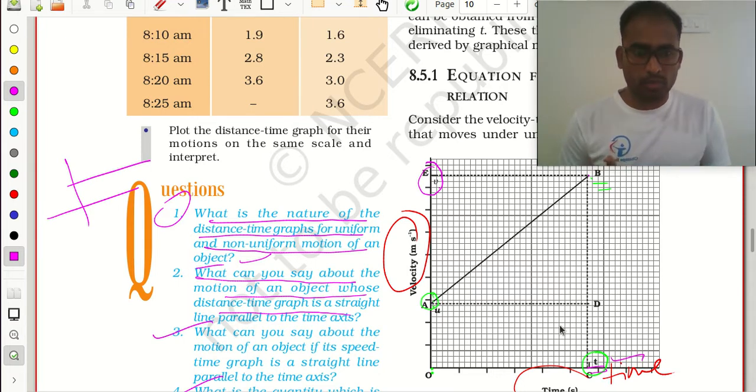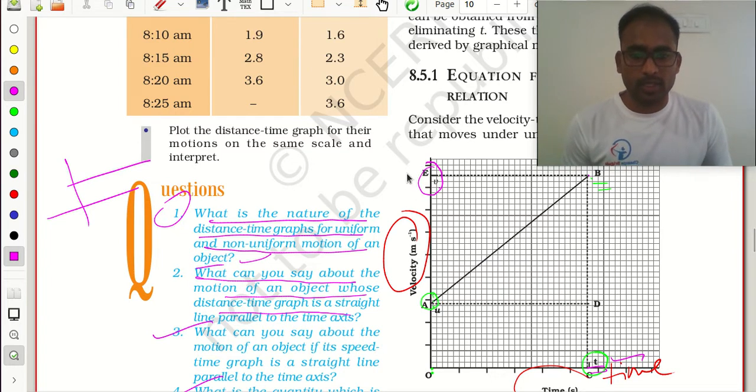So you understood till now? What is our initial velocity and what is our final velocity? Clear? This graph, you understood now? Respond quickly if you understand or not. If you have not understood, I will tell you again. Yes, sir. Okay, done.